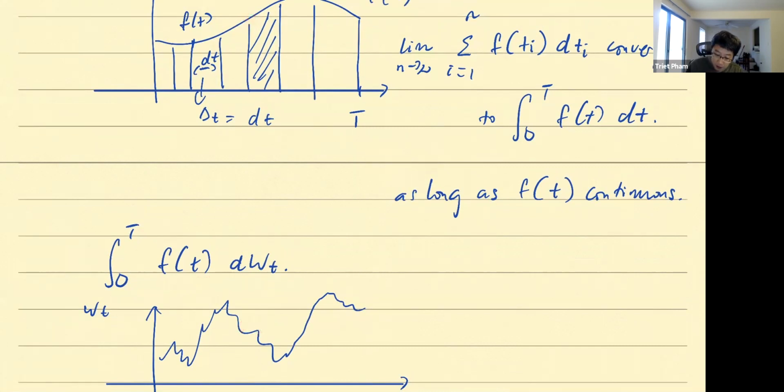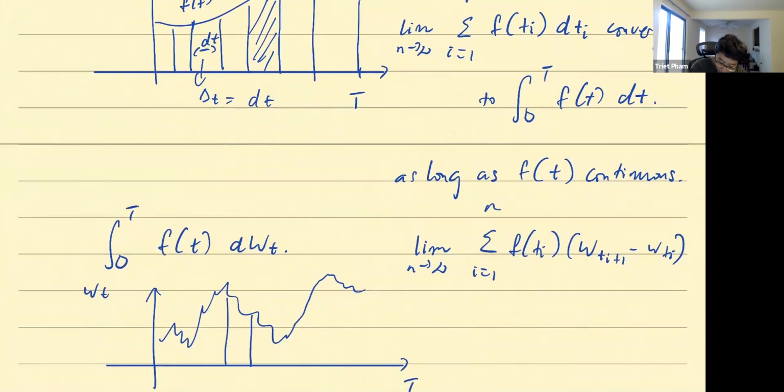Okay. So you may say, I don't see any problem with that. Let me just do this: W at t_{i+1} minus W at t_i. Because that's exactly what you do. You take the Brownian motion value from the next point minus the value of Brownian motion from the previous point.